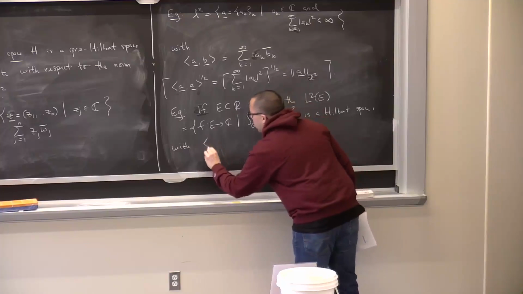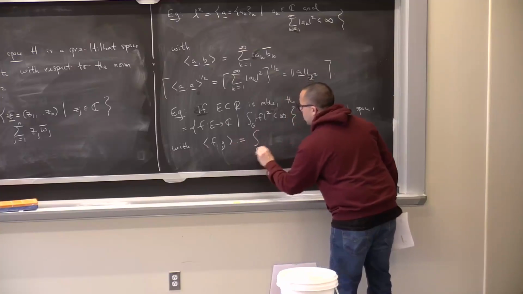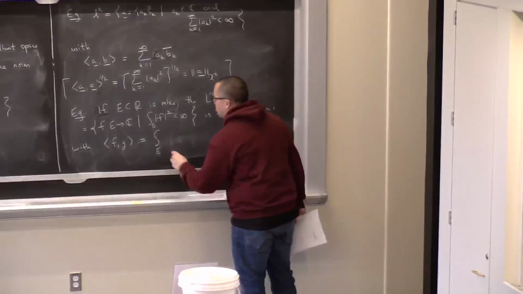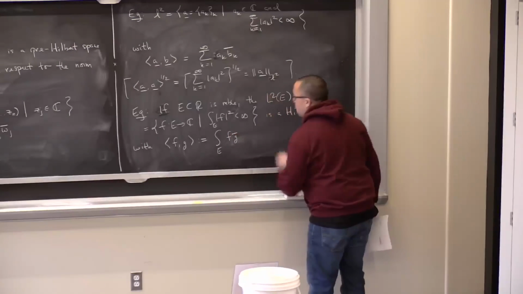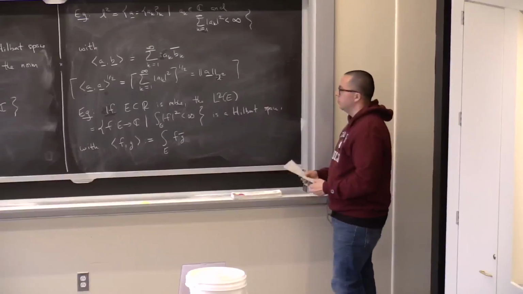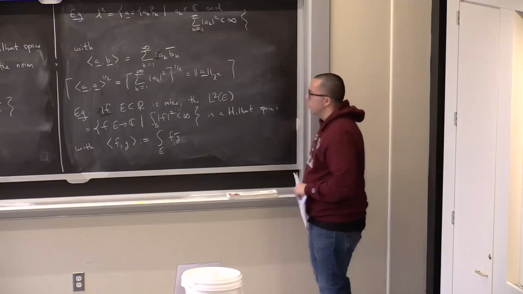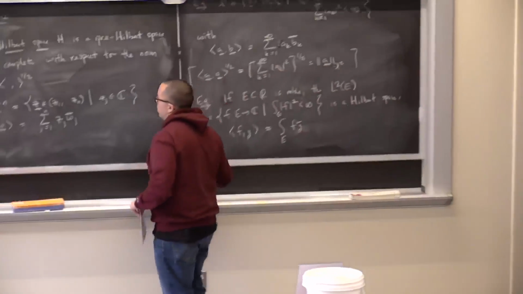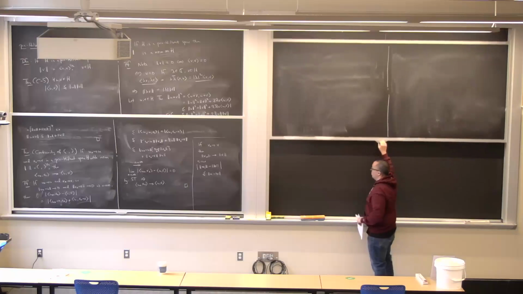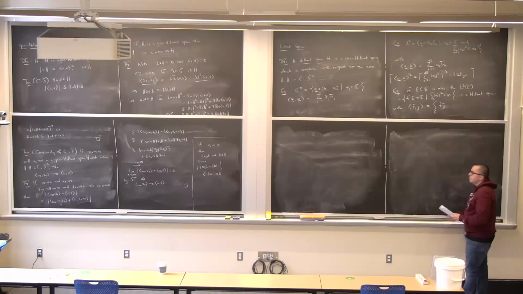The inner product of two elements in L2 is defined to be just the analog of little L2 where we replace a sum with an integral: the Lebesgue integral of f times the complex conjugate of g. Okay.